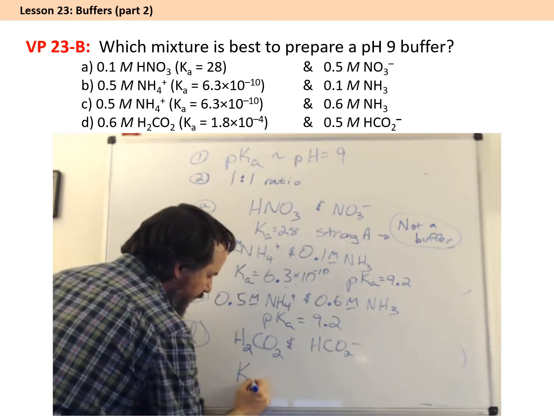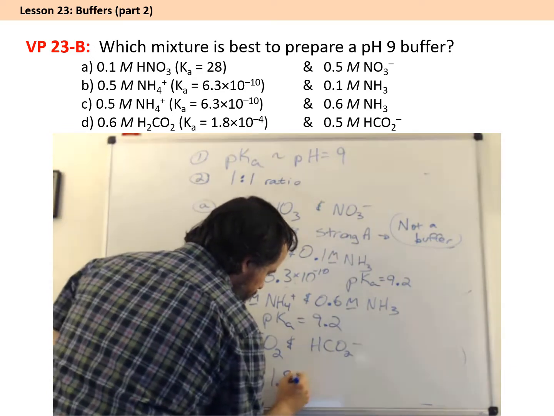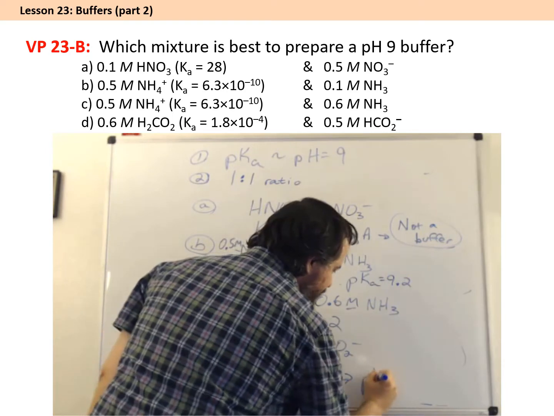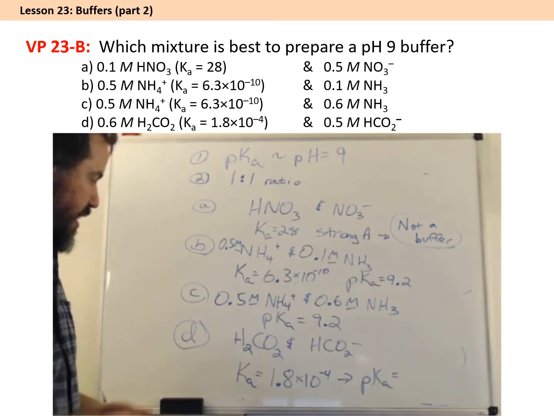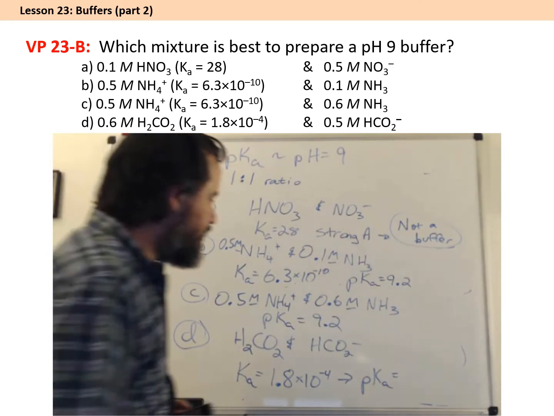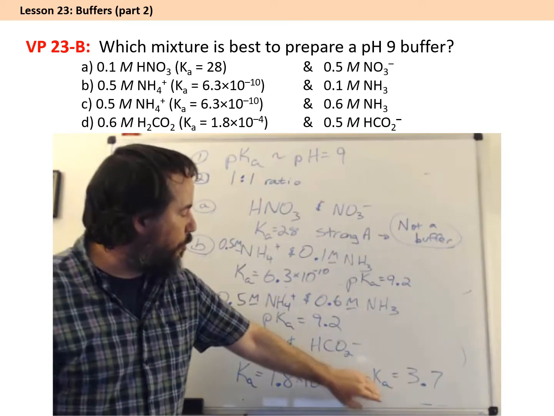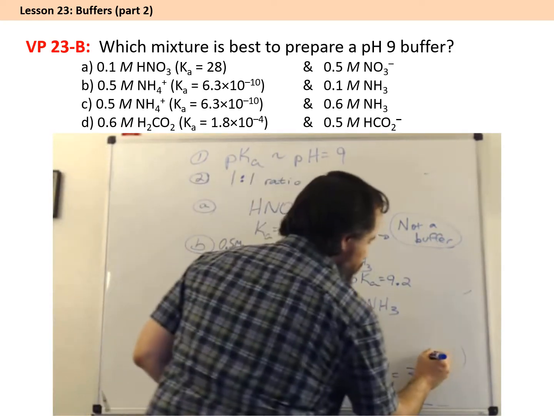We're told the Ka here is equal to 1.8 times 10 to the minus 4. That means the pKa, which is negative log of that, is going to be 3.7. The pKa is 3.7. We want pH 9, so this is a bad choice.